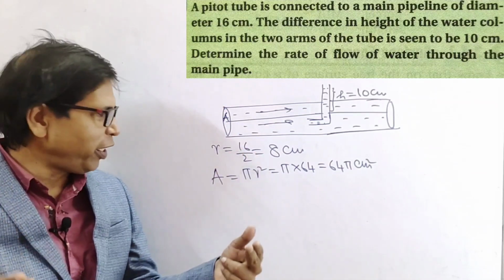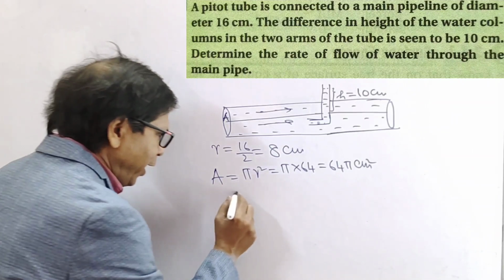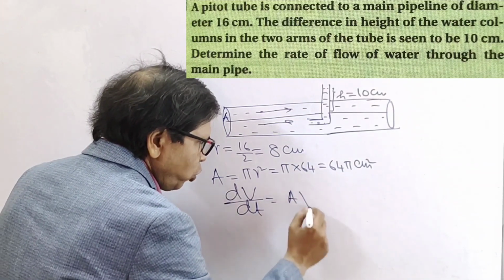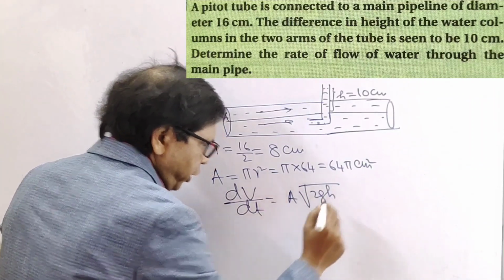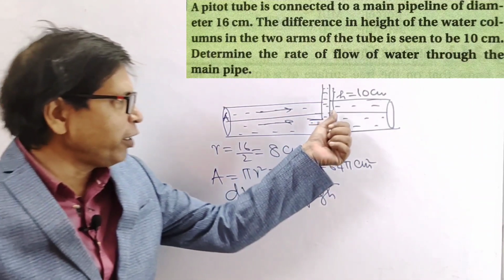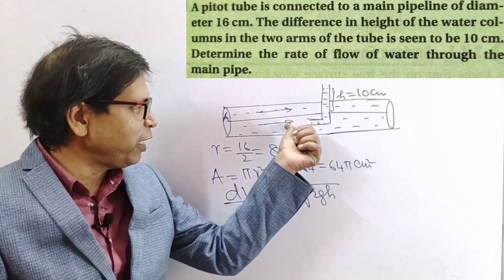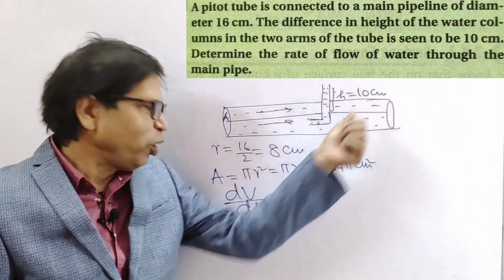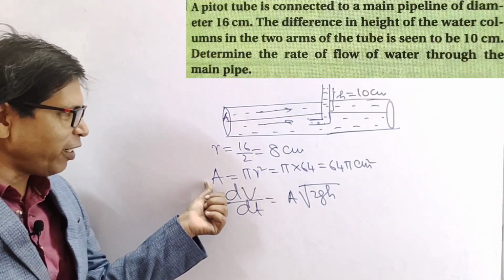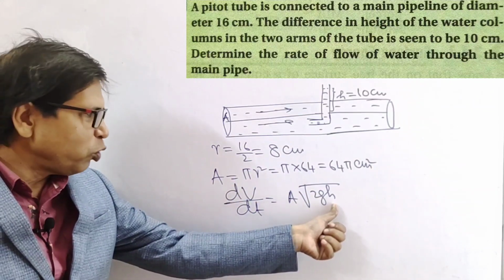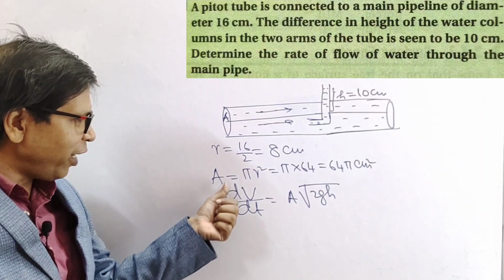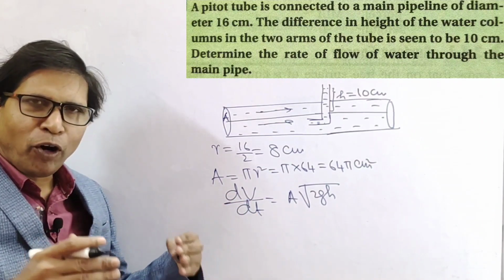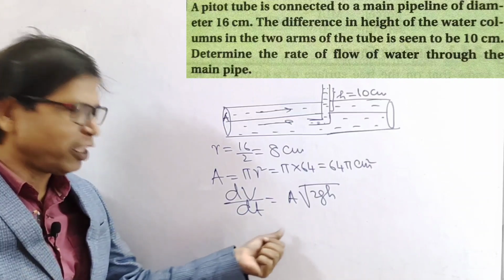We have to calculate the rate of flow, that is dV by dt, equals A into root under 2gh, where difference of liquid column in this pipe and pitot pipe is 10 centimeter. So now here A is given, h is given, so we can easily calculate the rate of flow dV by dt, that is rate of volume of water flow in this pipe.